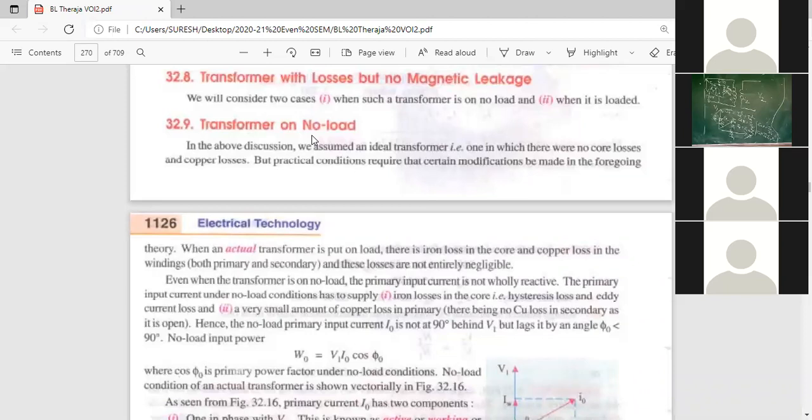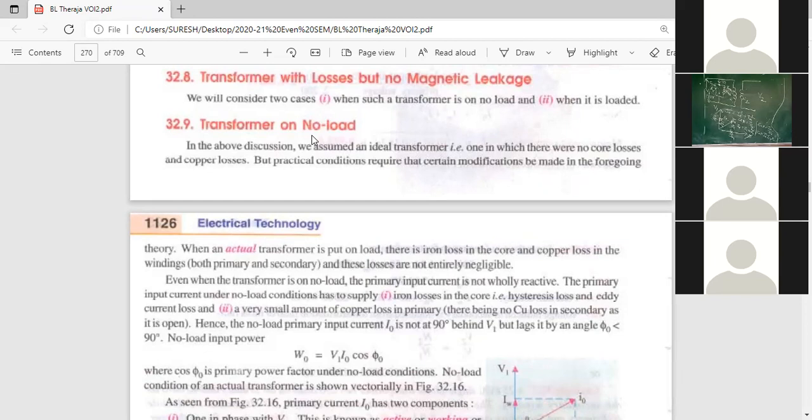Write down the note: if phi naught is 0, IE is equal to I naught, because both are coinciding and the angle is 0. Phi naught is 0 means I naught is coinciding with the line IE. So IE is equal to I naught.